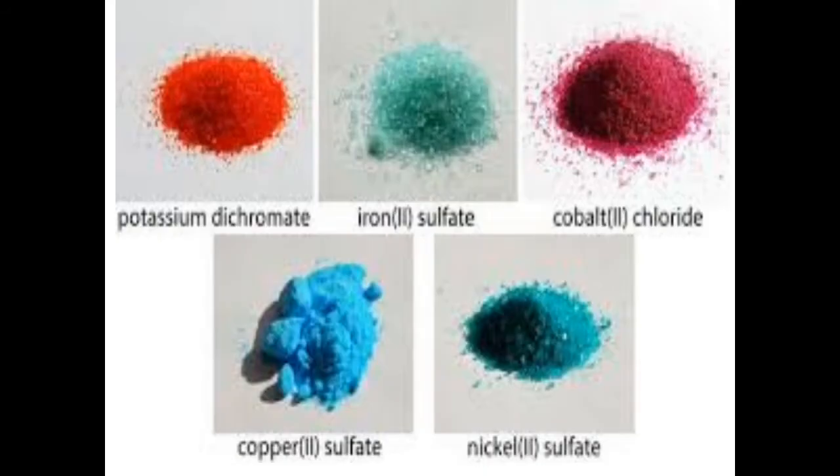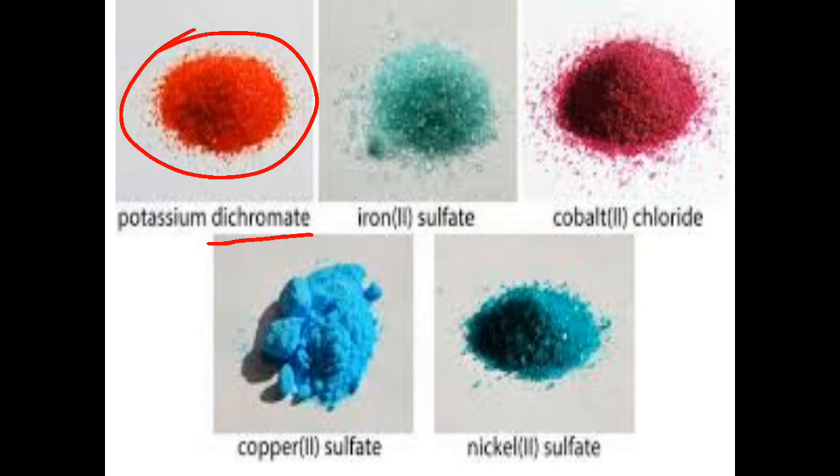So let us see what colors they are found in. You can see there is a variety of beautiful and attractive colorful compounds just because of having transition metallic ions in them. Now this is a charming red powder. This is a chemical which has the dichromate ion.